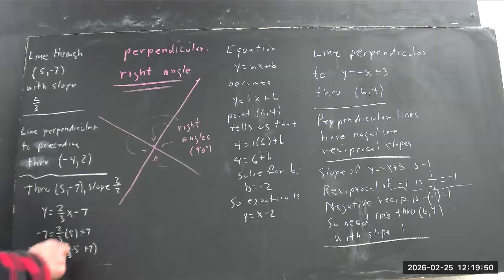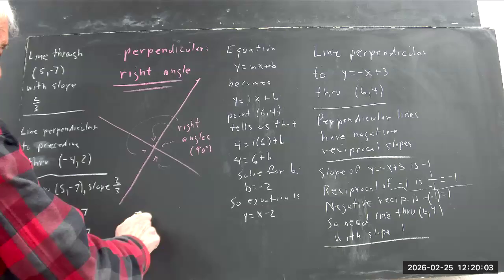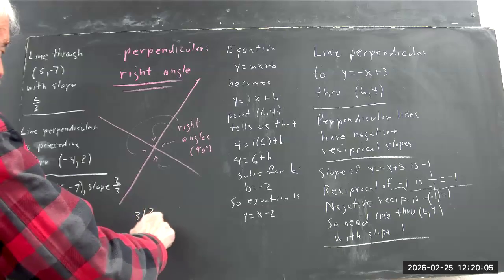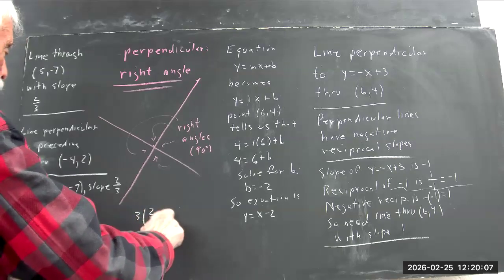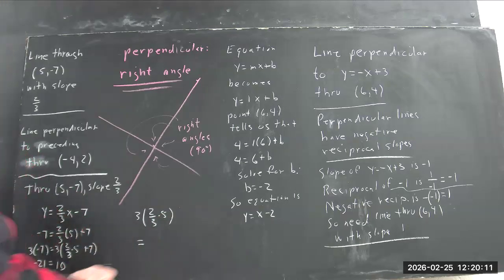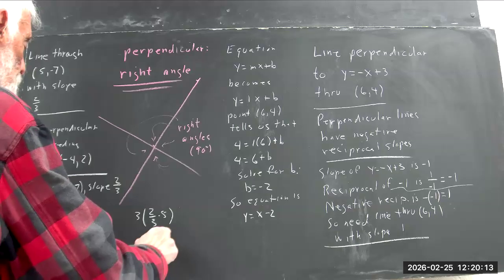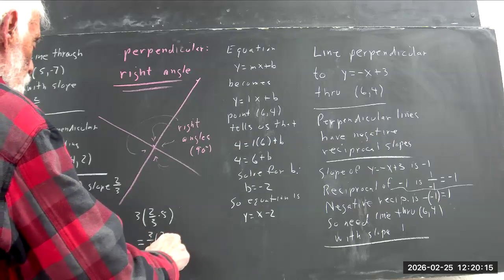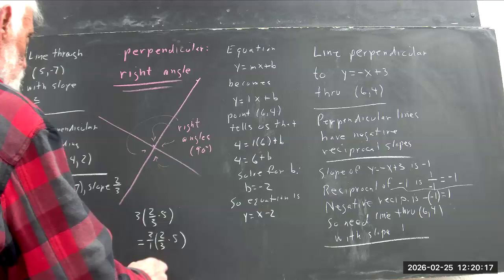3 times 2/3 is just 2. So you get 2 times 5, which is 10. I'll write this over here. 3 times 2/3 of 5 equals, we write that 3/1 times 2/3 times 5.